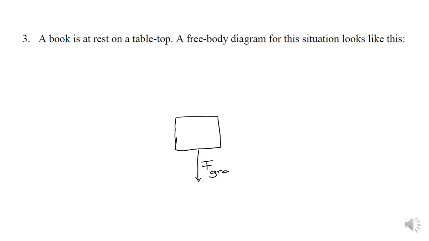So remember, make sure you label your arrow with F grav, and then you've got to try and draw the same length of arrow going in the opposite direction, because we're told our book is at rest, which means that F net has to be equal to 0.